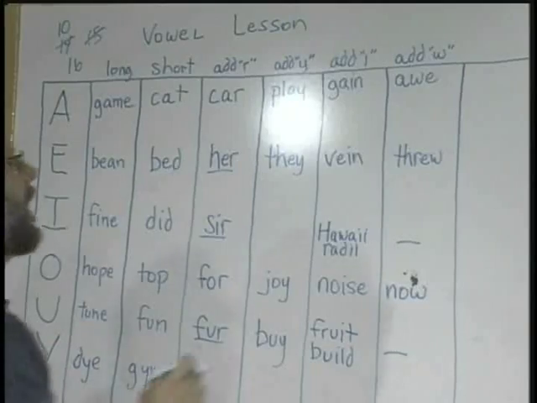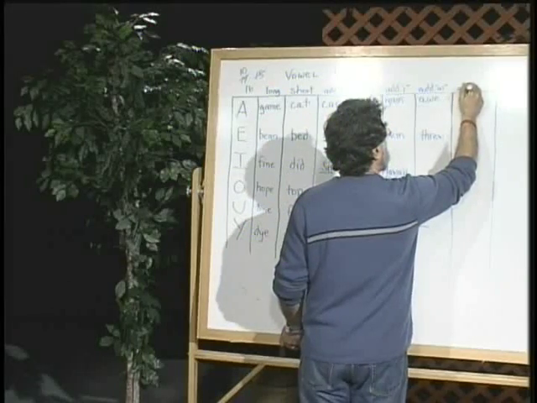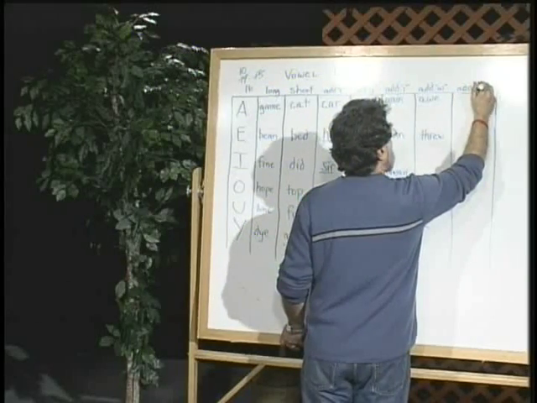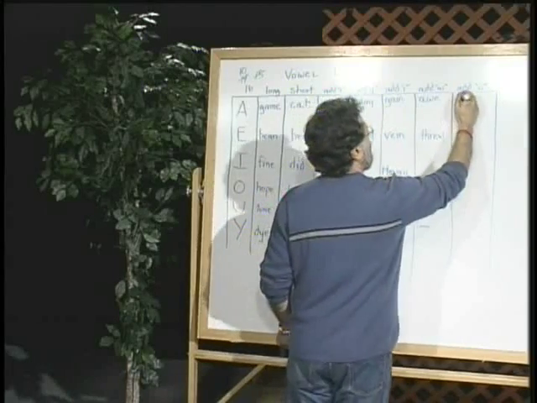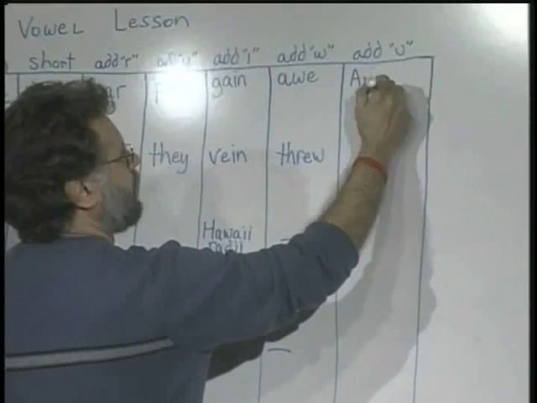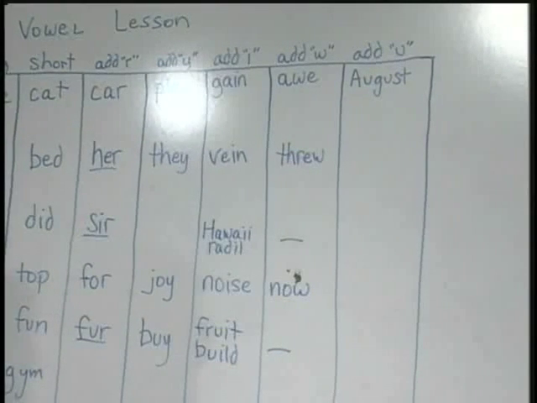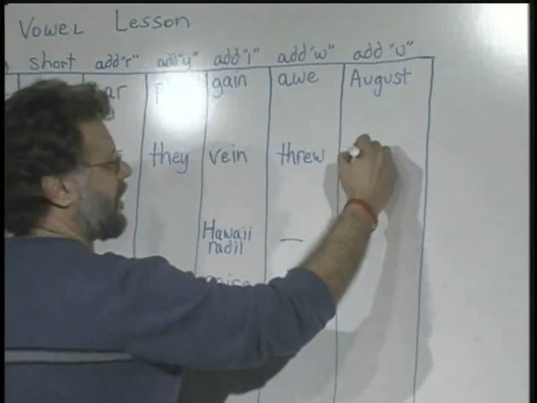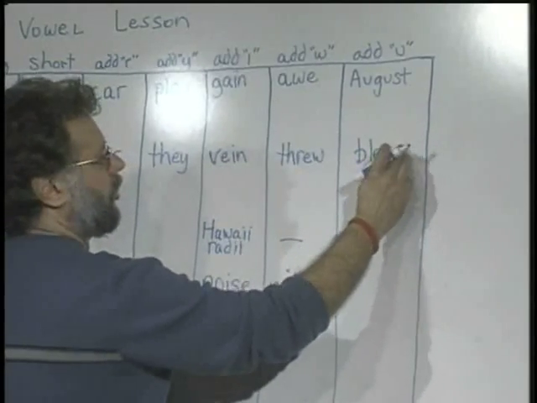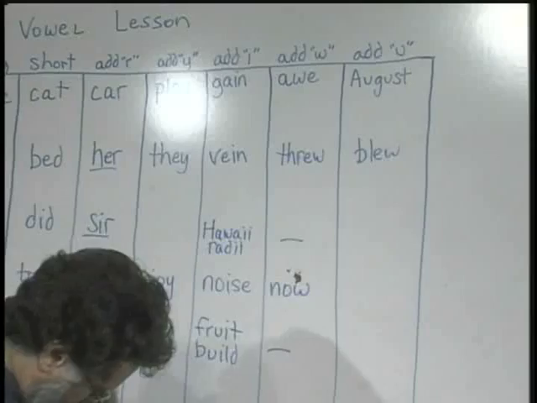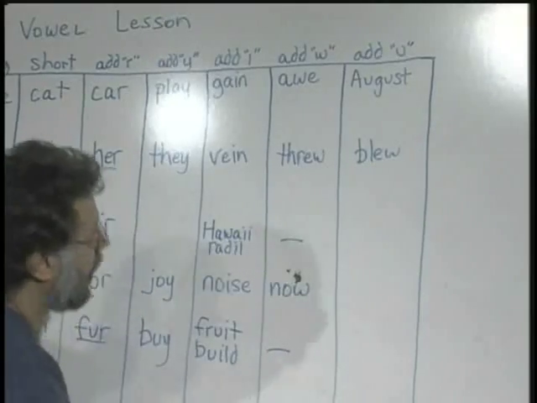Okay, the last letter we'll add is the letter U. Now, when we add a U after an A, we get the same sound, aw, as in August or Australia. Okay? We don't add a U after an E except for this word here, which is actually a French word, so we don't worry about it too much.